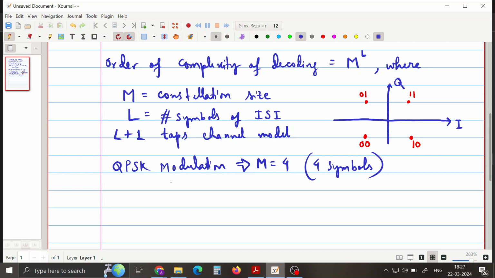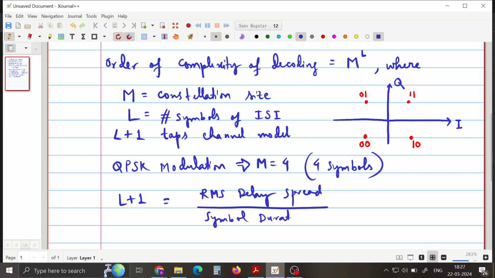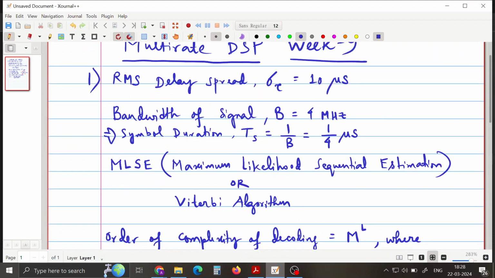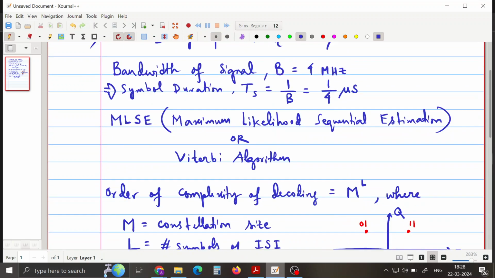We have M as 4, and in order to find the order of complexity of decoding, we also need L. L plus 1, which is the number of taps, is equal to the RMS delay spread divided by the symbol duration. Here we have an RMS delay spread of the order of 10 microseconds, and we calculated that the symbol duration is 1/4 of a microsecond.